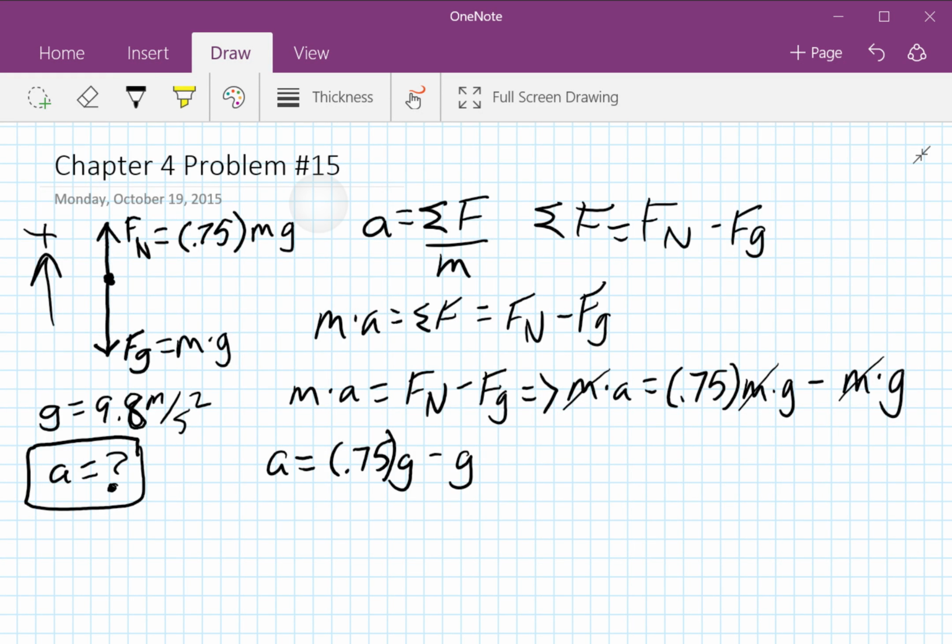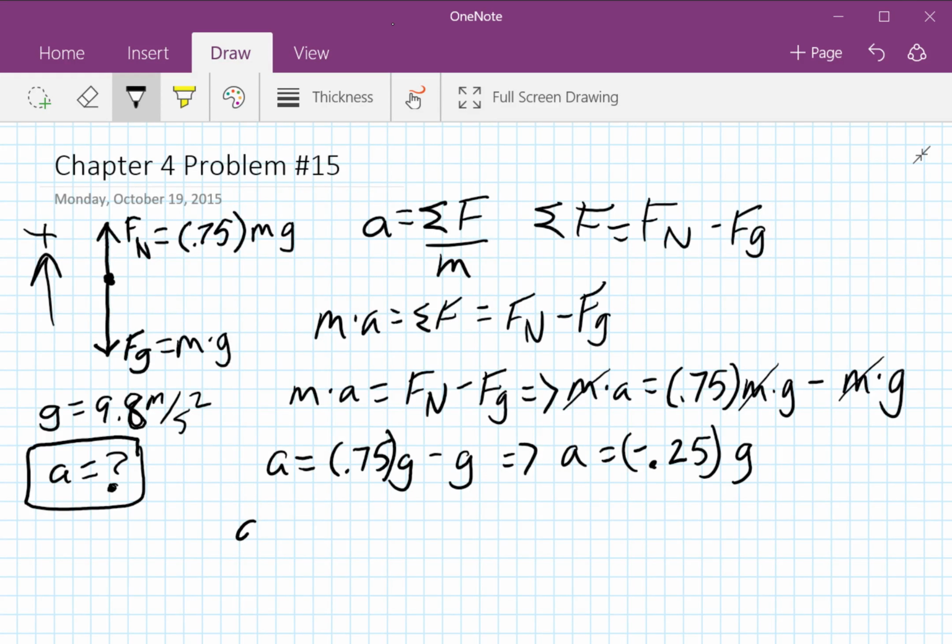So that would give you a equals negative 0.25 g. We know the value for g is 9.8 meters per second squared.